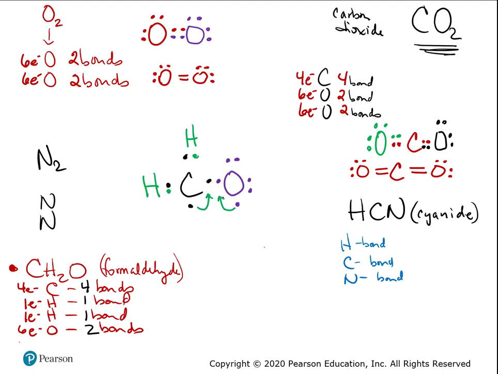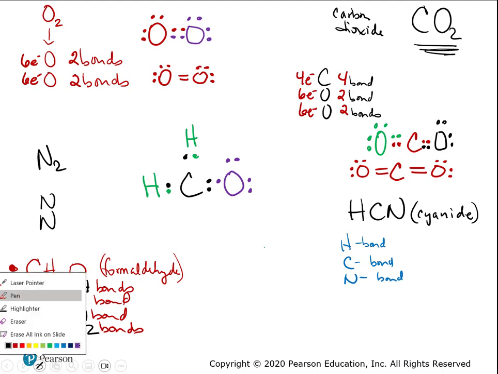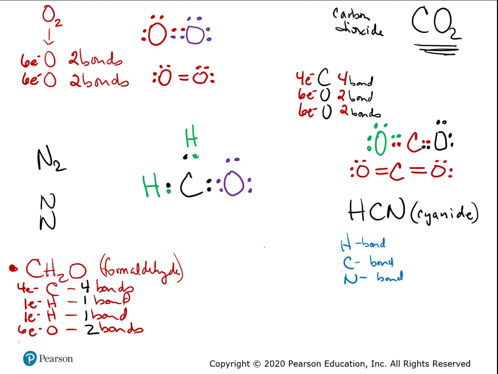This is going to move here. Okay, so I'm going to make a double bond there. So this one slides and this one slides. So I end up moving that black carbon electron and moving the purple oxygen electron. That's a double bond. So I end up with a carbon double bonded to an oxygen and then a single bond to each of those hydrogens.